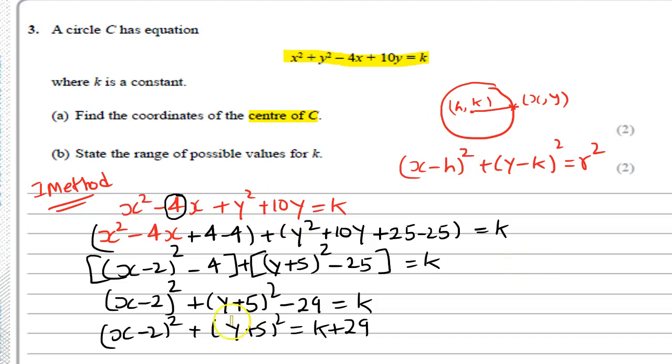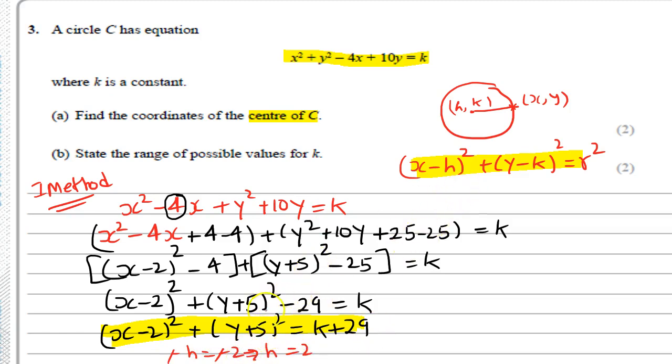If you compare this equation, (x minus 2) whole square plus (y plus 5) whole square equals k plus 29, with the equation (x minus h) whole square, you see you get minus h equal to minus 2. Just comparing, minus h equal to minus 2, minus minus cancel, so you got h equal to 2.